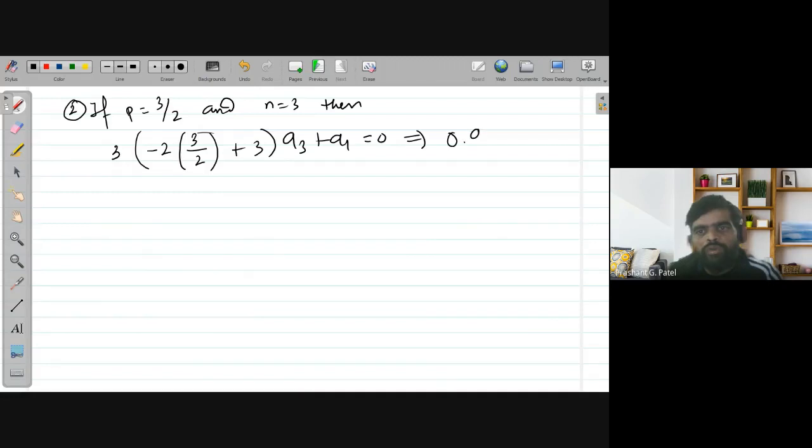So 0 into a3, and a1 is already in particular taken as 0. So 0 into a3 is 0.